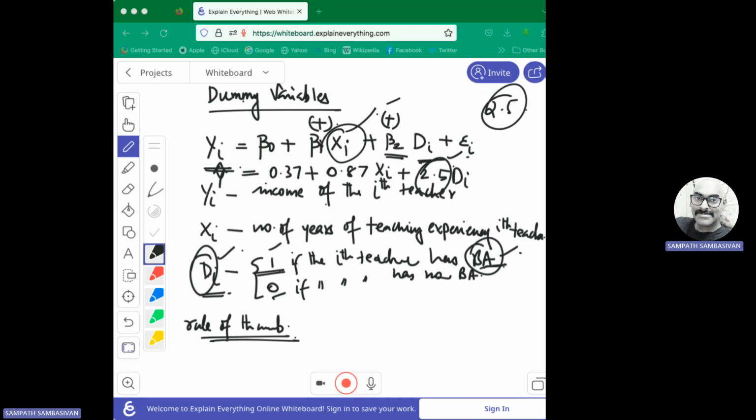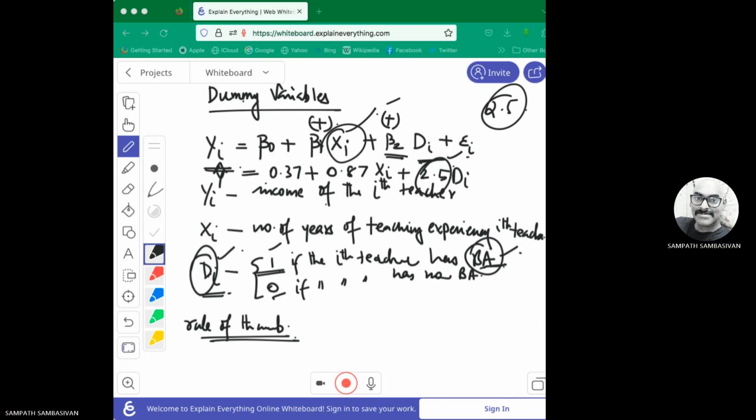And we are taking two independent variables here. xi, which indicates the experience of the teacher, and di is a dummy variable which indicates the degree possessed by a teacher. For convenience's sake, we are assuming the degree to be a BA degree.